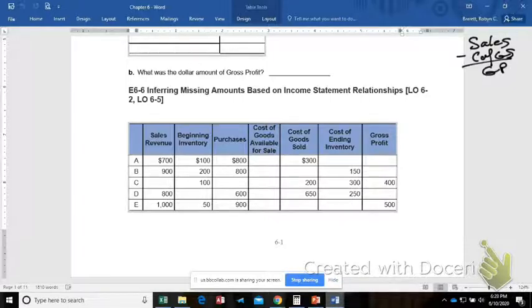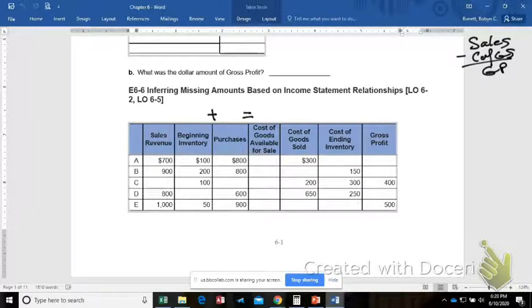And that's right here. So what I want you to look at, and I'll write it above, is you're looking to infer the numbers. So the first formula that I wrote for you was beginning inventory plus purchases equals cost of goods available for sale.